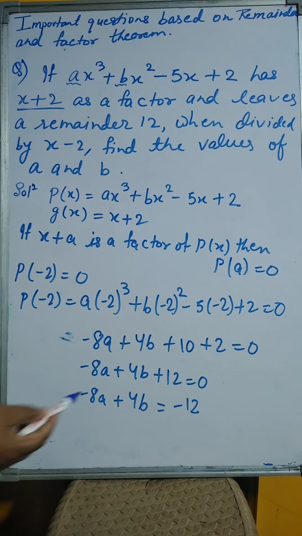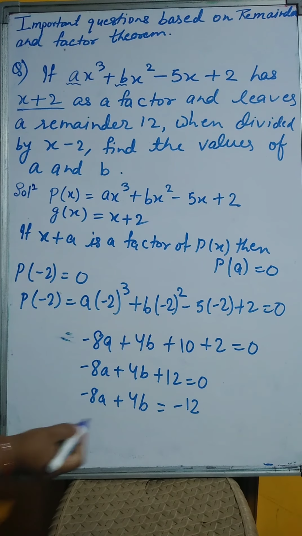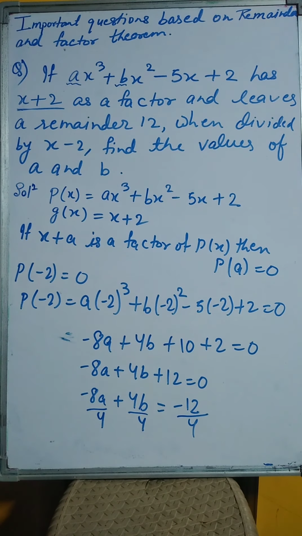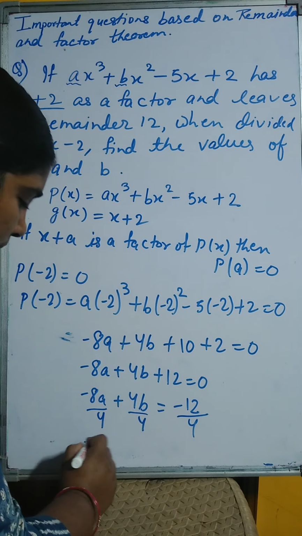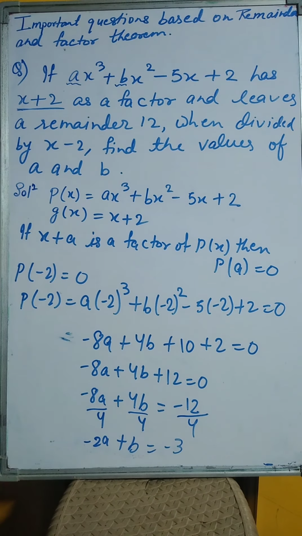You can see each term on the left hand side and right hand side is divisible by 4. So let us divide each term by 4.